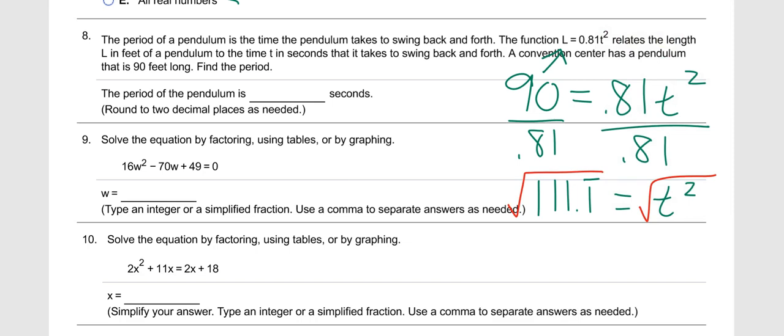So if I go to my calculator and I do the square root, I get 10.5. Approximately 10.5 seconds. Is that right? It's a 90-foot pendulum. It's going to take 10.5 seconds to swing back and forth. Okay, so one swing back, one swing. So that's quite a large amount of time here.